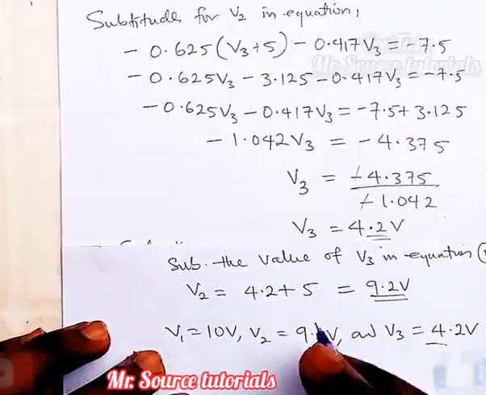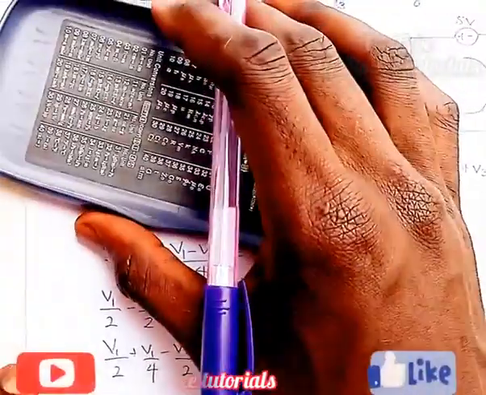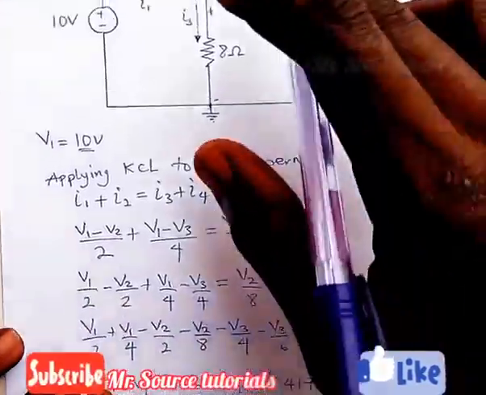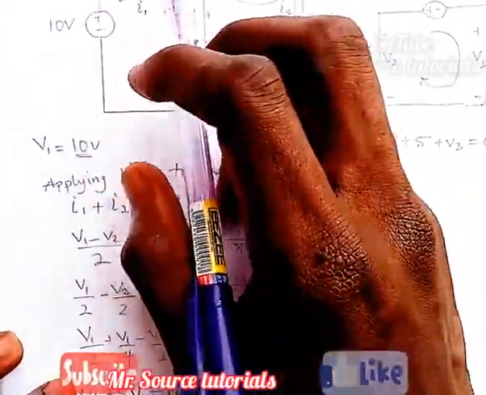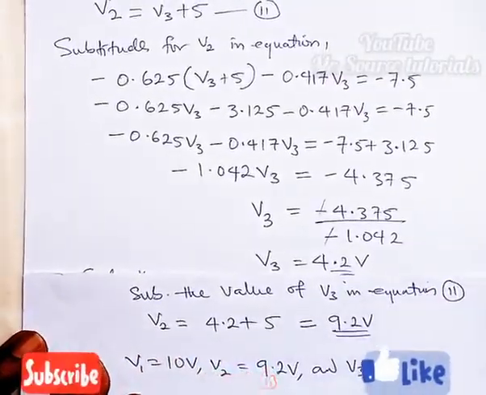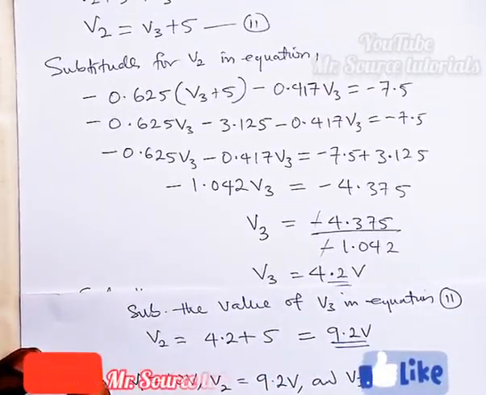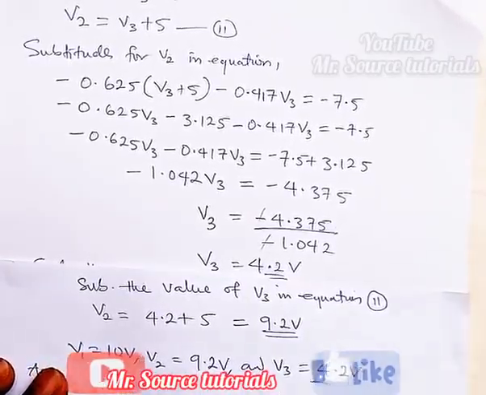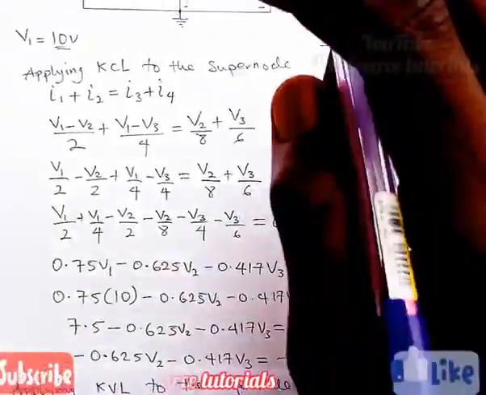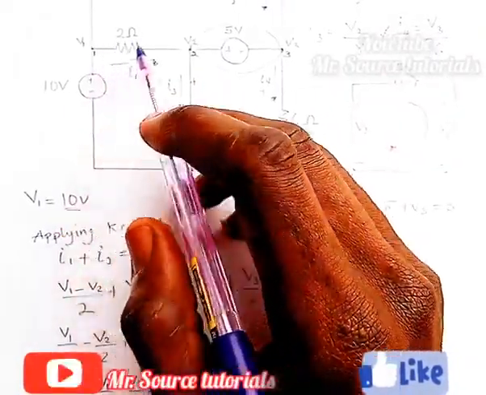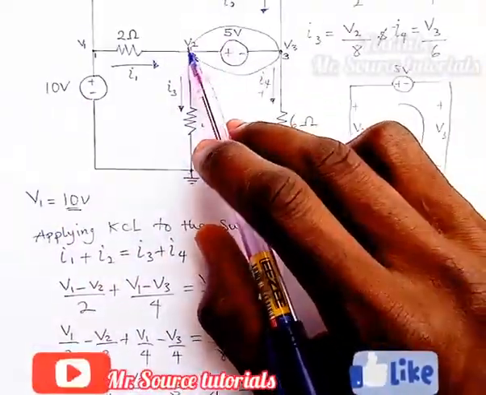So these are the values of the node voltages of this circuit, this and this and this. These are the values of the node voltages of this network: the voltage at node 1, which is V1, the voltage at node 2, and the voltage at node 3.